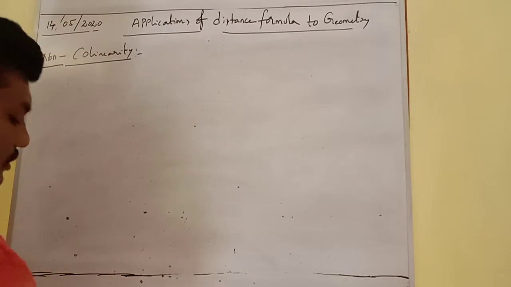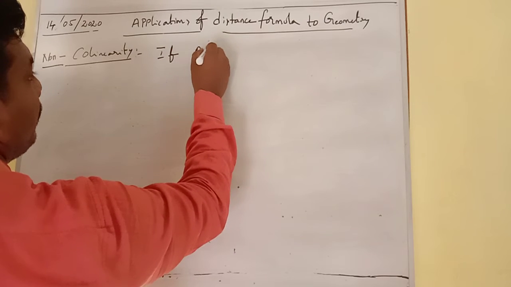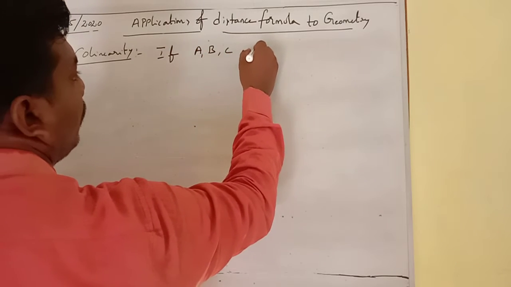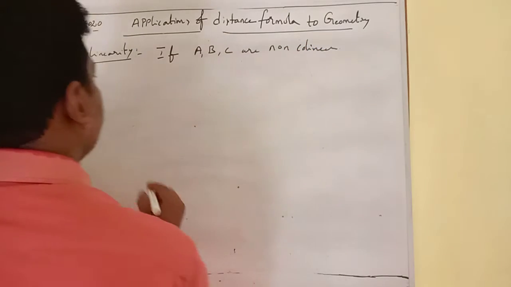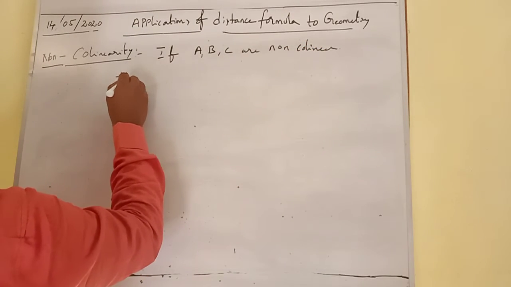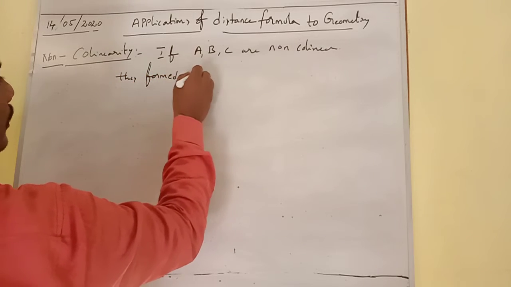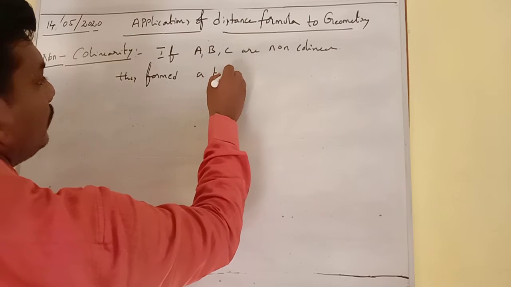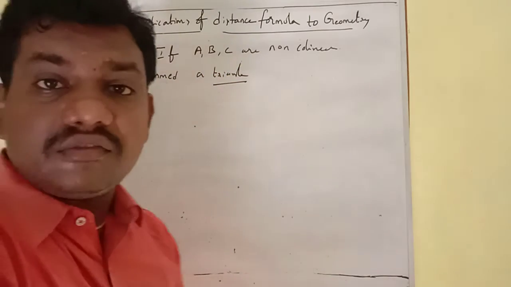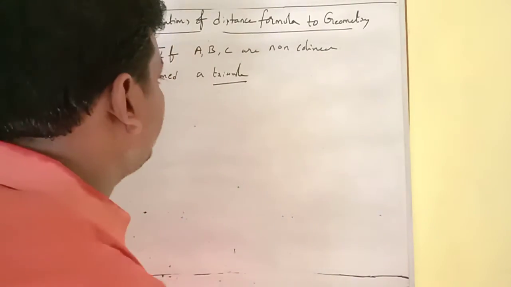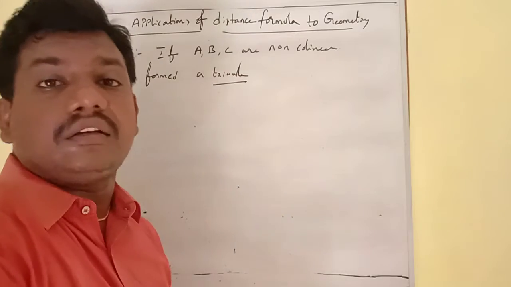They form a triangle. Any three non-collinear points form a triangle. We know that already from our basics of geometry.